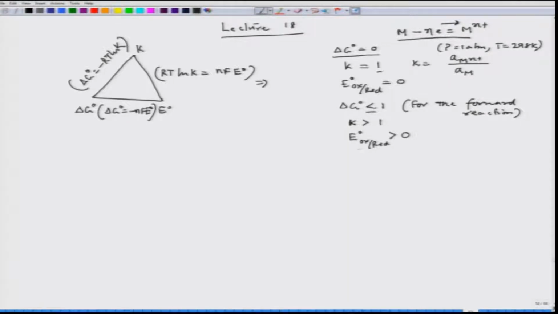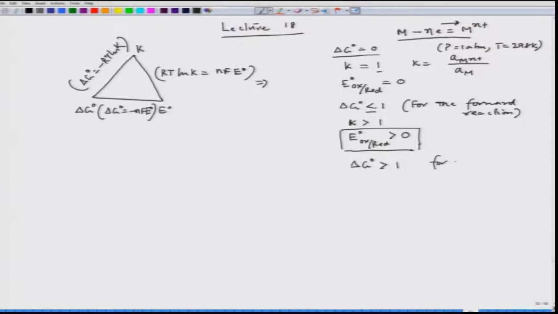And that is when delta G0 is less than 1. So, this condition holds true. So, there is a positive potential gradient. So, current would flow.